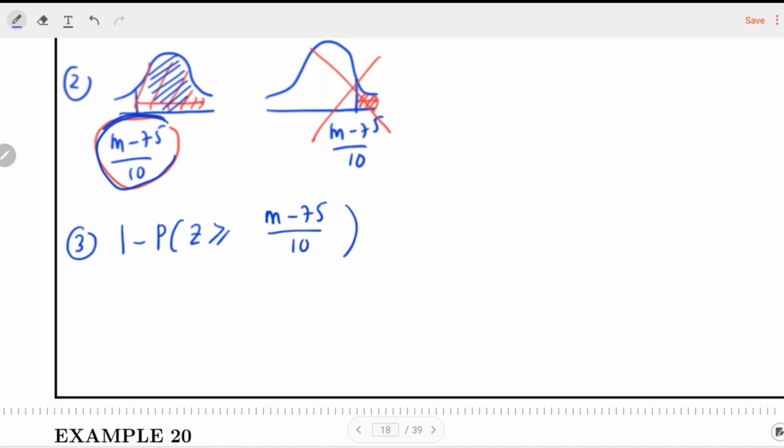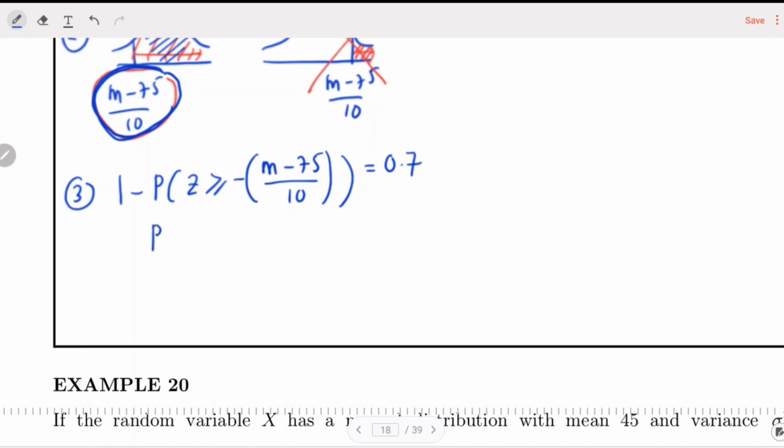But since our Z lies on the negative side, we need to multiply it by a negative number. And the probability is equal to 0.7. And then rearrange until we get the probability left on the left side.